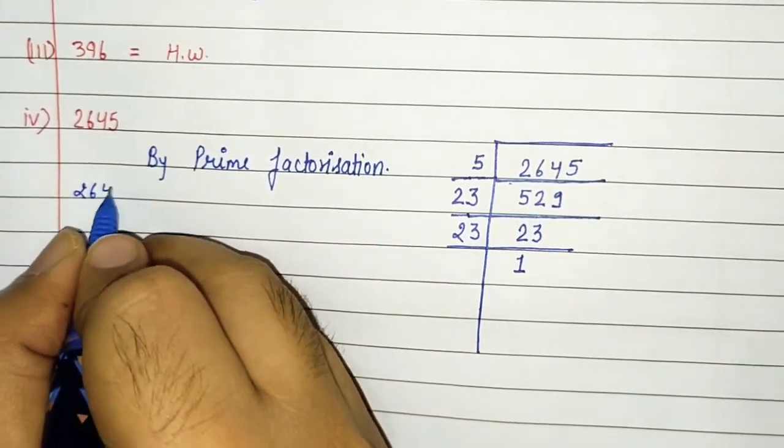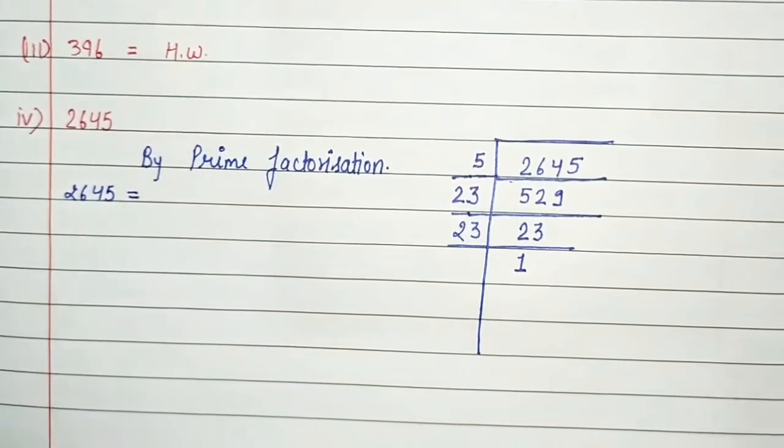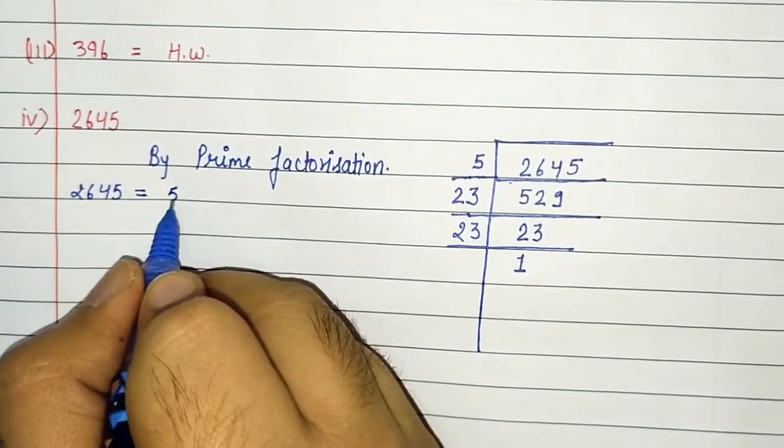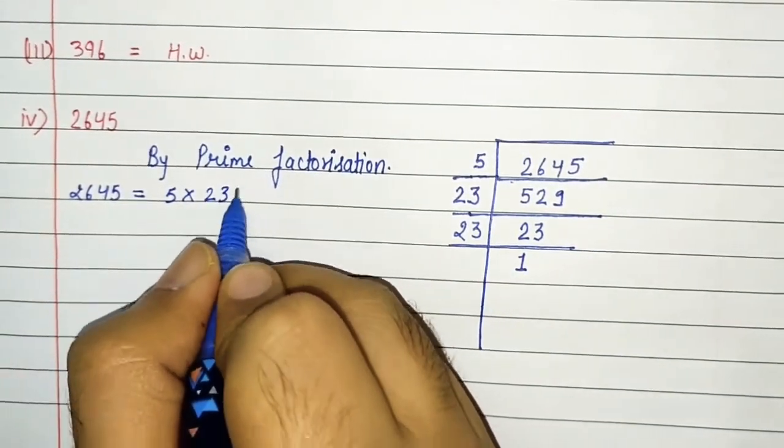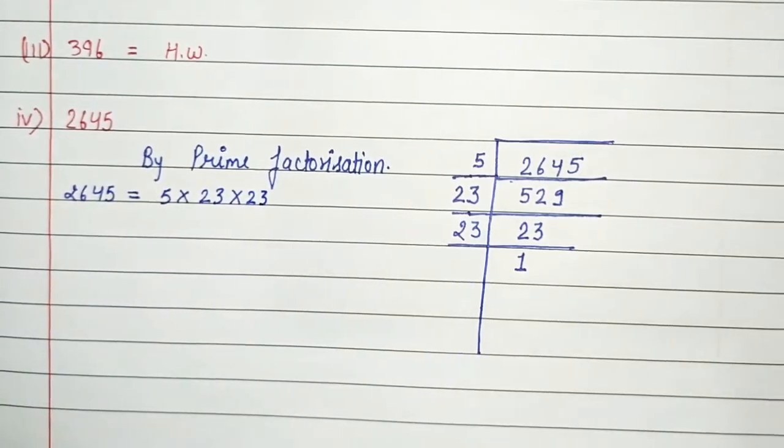So 2645 is equals to 5 into 23 multiplied with 23.